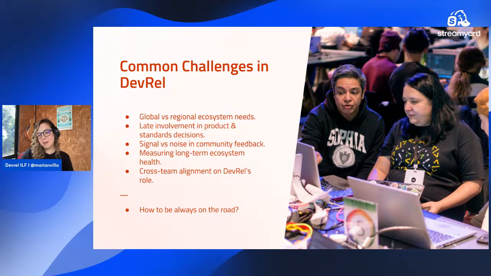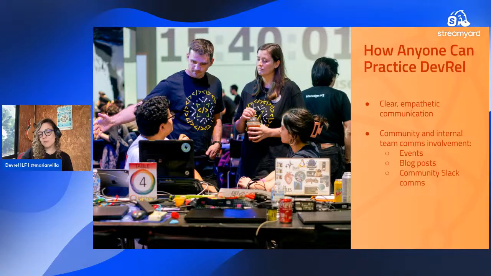And one of the most important things that people are always asking me about my role in DevRel is how to be always on the road. We are trying to connect with the community because we are an open and distributed team. So if it's not virtual, probably I will take a plane and attend these engagements around the world.